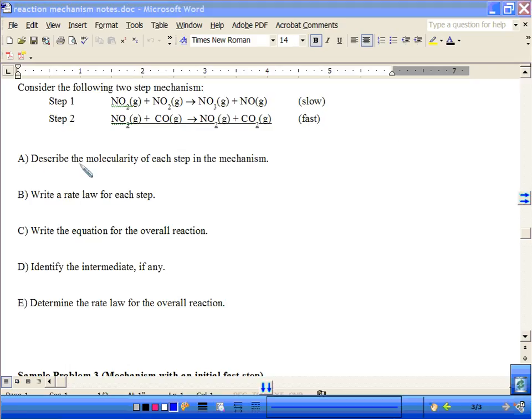So the molecularity for each step: for step 1, it is 2 molecules, so this would be called bimolecular. And for step 2, there are 2 molecules, so this is also called bimolecular.